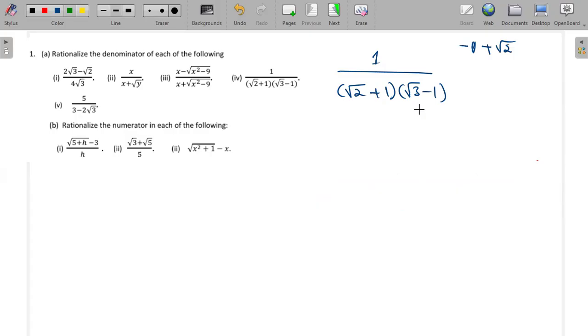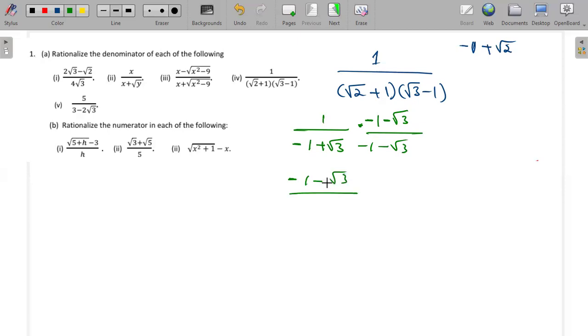We say this here, so I'll write 1 over, I'll write the root on the right side, so it will be negative 1 plus the square root of 3. Then I multiply by the conjugate. Conjugate is going to be negative 1, then the sign there changes. That's going to be a minus root 3, then negative 1 minus root 3. So on top, you're going to have negative 1 minus root 3.